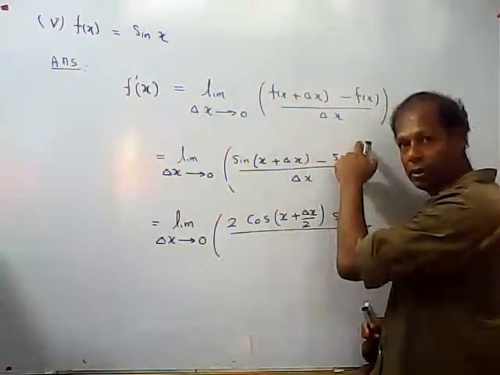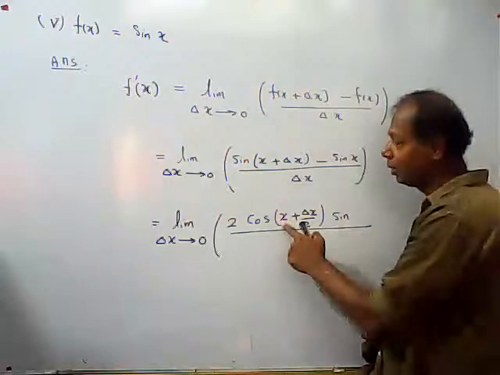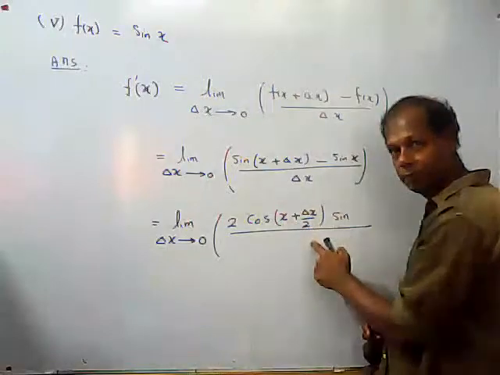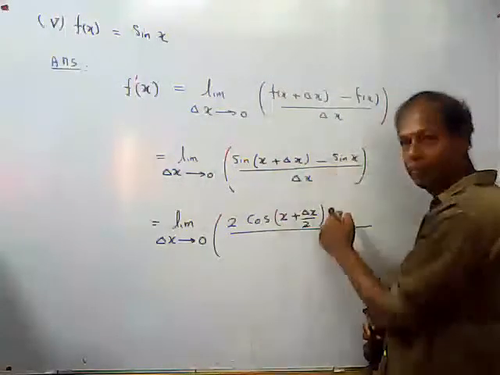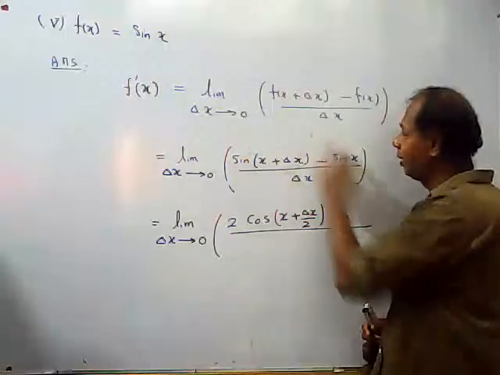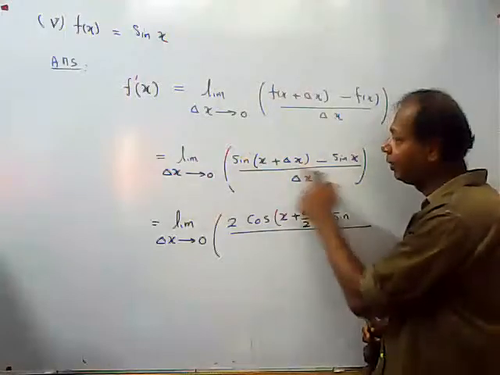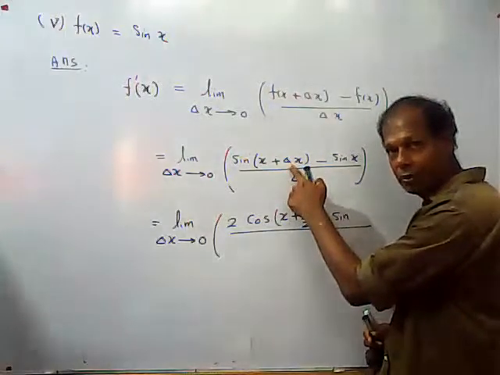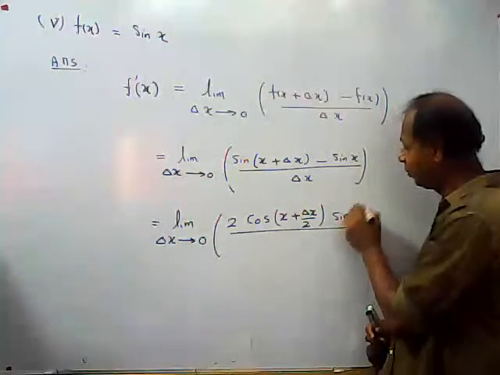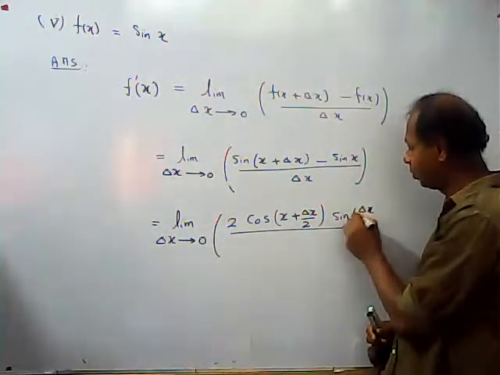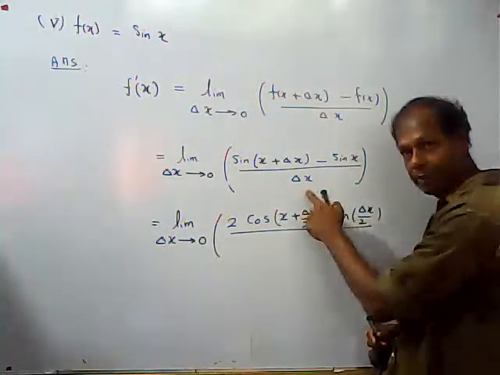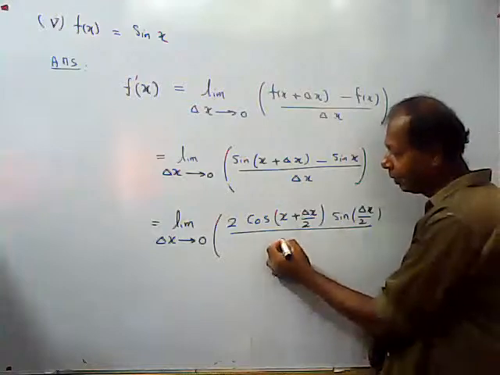Okay, you add these two and divide by 2. You will get x plus delta x over 2. Then you subtract and divide by 2. When you subtract, x will cancel off, giving delta x over 2. Right? Sine of delta x over 2, divided by delta x.